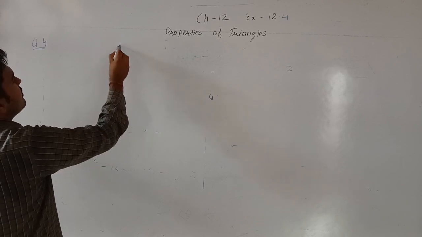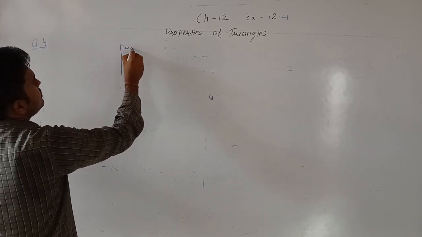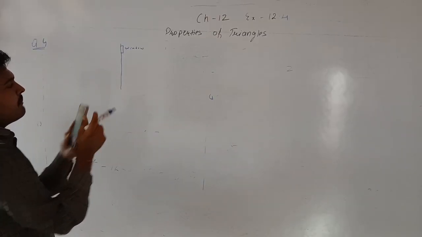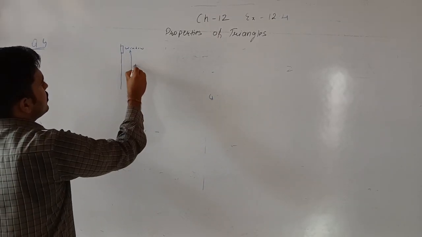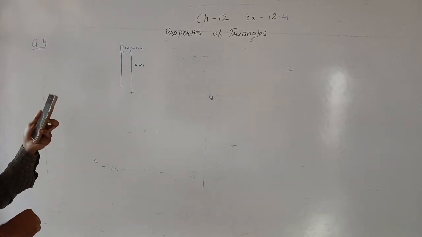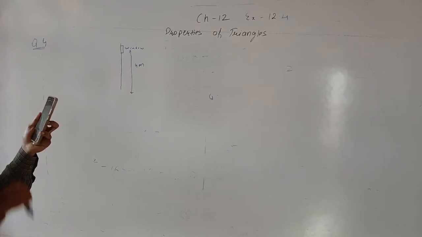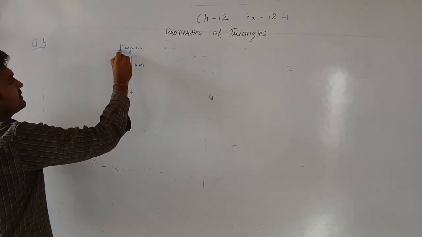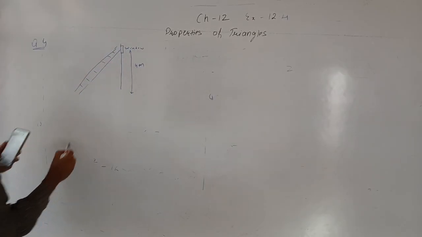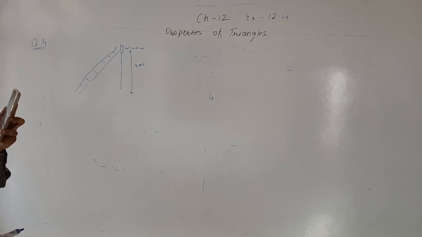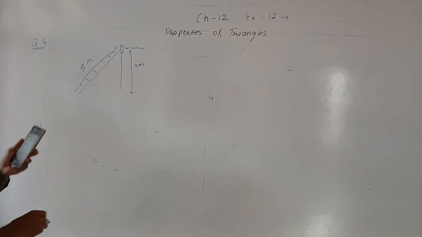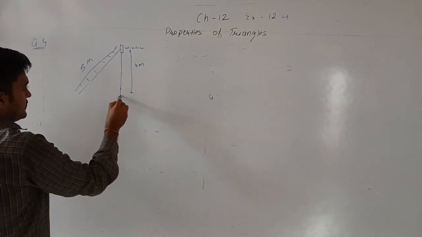So question number 4 says that a ladder 5-meter long reaches a window of a house 4-meter above the ground. So the window of the house is 4-meter above the ground, and the length of the ladder is 5-meter.